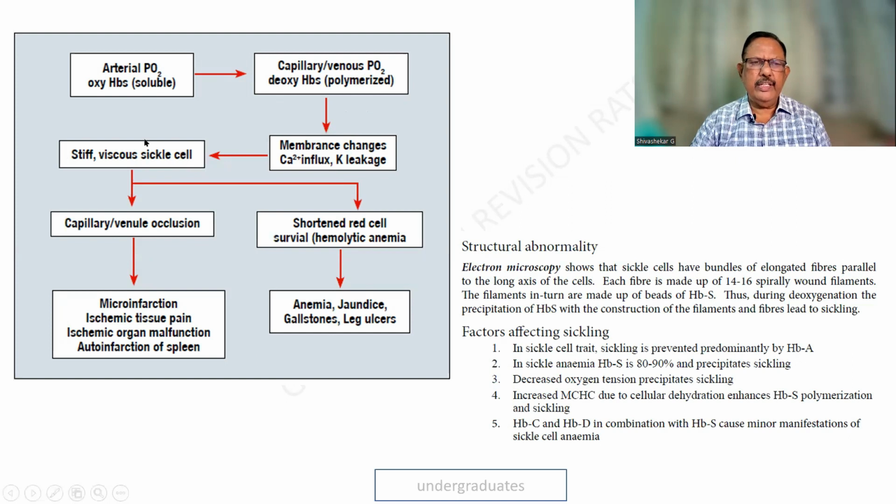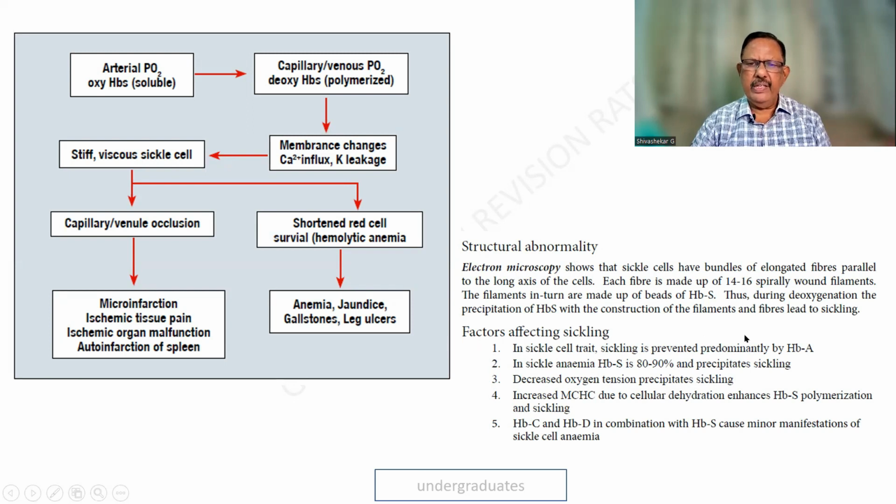All this leads to the formation of a stiff, viscous sickle cell, leading to capillary occlusion, and the survival is also reduced. There can be anemia, leg ulcer, jaundice, and infarction of the organ where the blood supply is affected. The electron microscopy I have already mentioned.